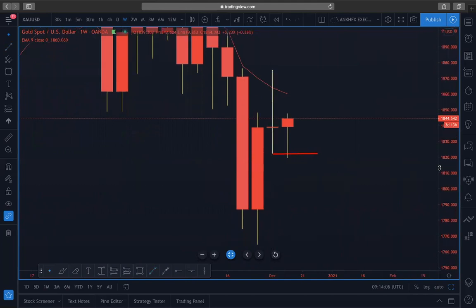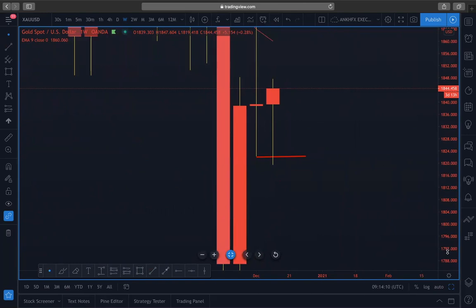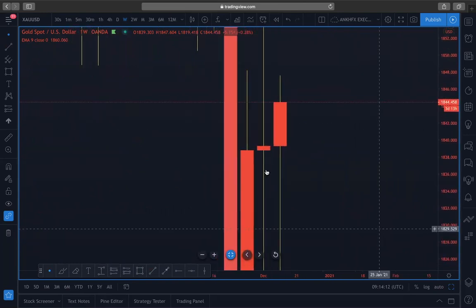Why so? Because even when we look at the weekly time frame, this wasn't even bearish, and the price closed above the previous week, which gave us some kind of liquidation.